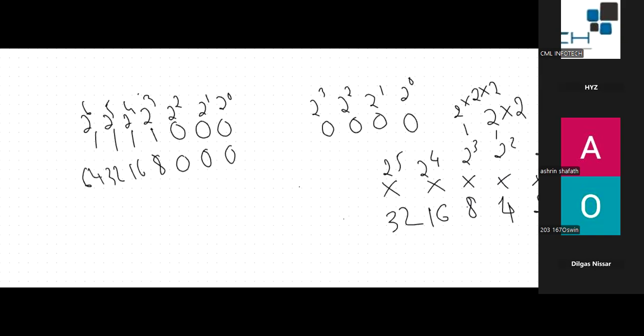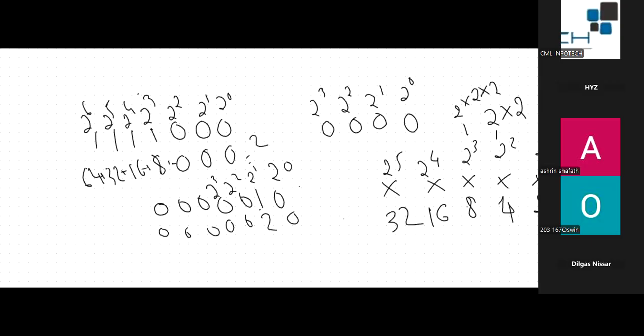You have to add the values. If I write 0, 0, 0, 0, 0, 1, 0, all become 0, and 2 raised to 1, which is 2, remains. So the outcome is 2.